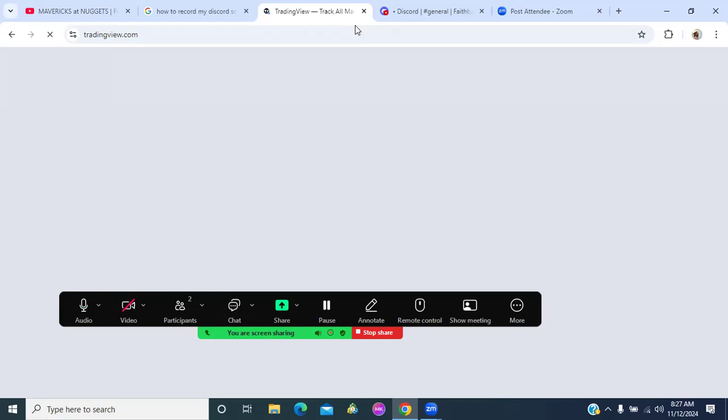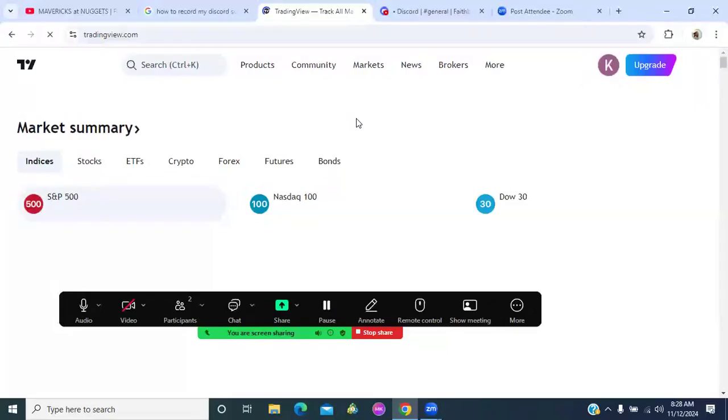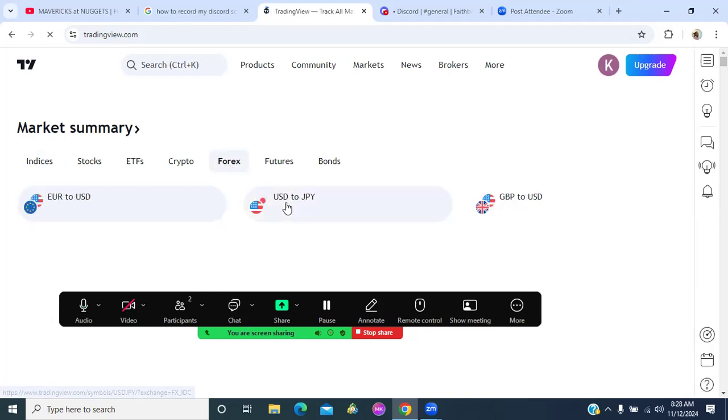Go to TradingView. Okay, so we're looking for Forex. We're looking for USD JPY.